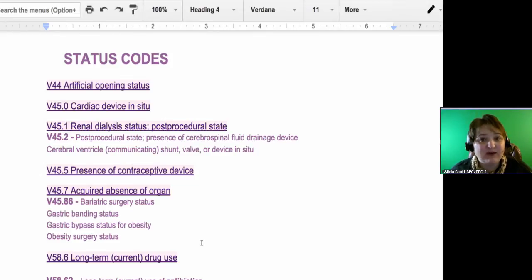Again, you can imagine how important this is to be in your record if you go in to have a procedure done, and then they find that you've got a gastric band, or they go to give you medication, or what if they went to pump your stomach because you had ingested something? It's going to be pretty important that they know that you've had a gastric bypass surgery.